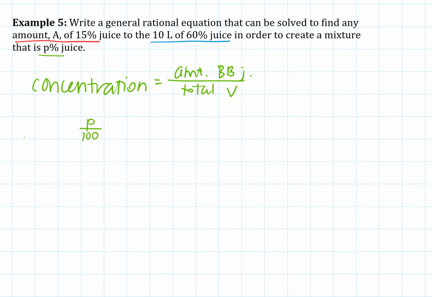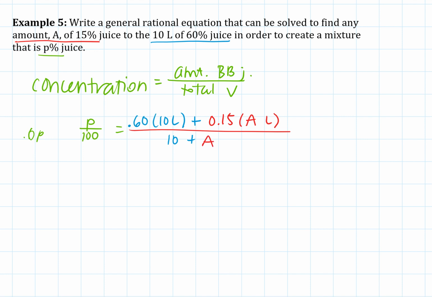Or you could write it as 0.0P. Right? So P over 100, P%. You're going to add 60% of 10 liters to 15% of A liters. And then your total volume, you've got 10 liters here plus A liters here.